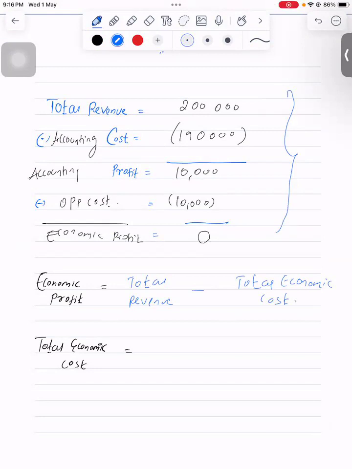Accounting cost plus opportunity cost. This formula you can apply for economic cost: accounting cost plus opportunity cost.